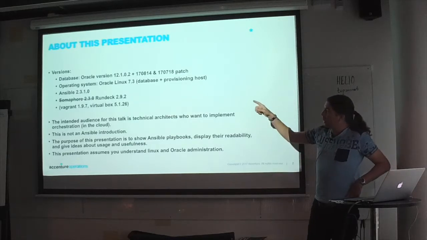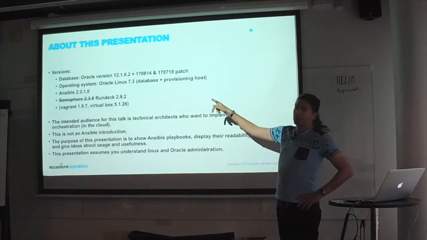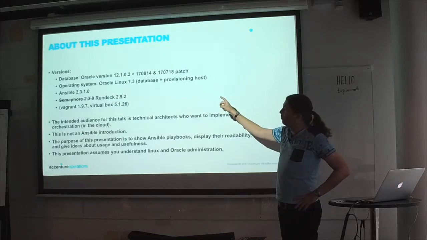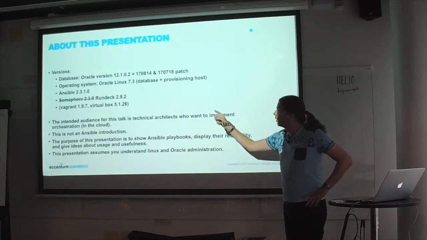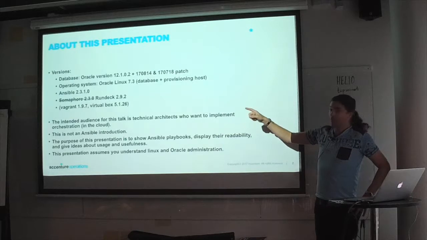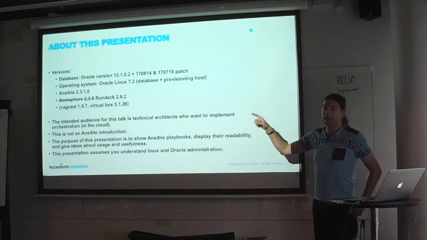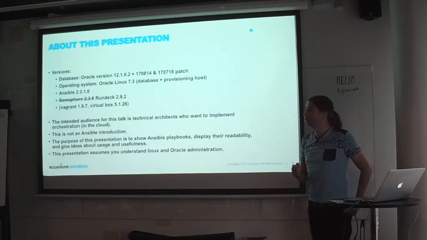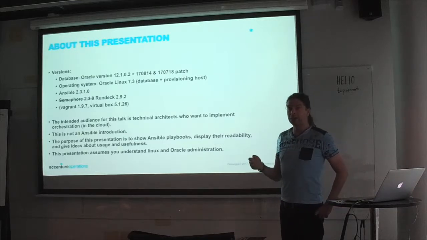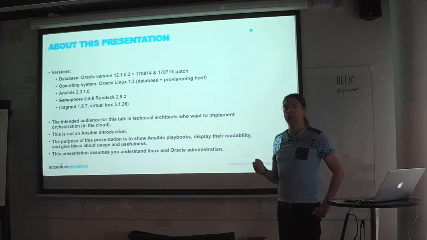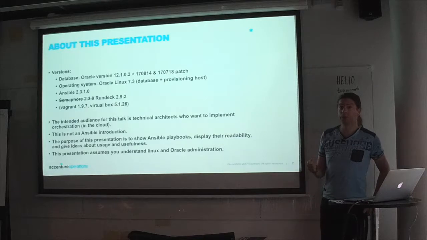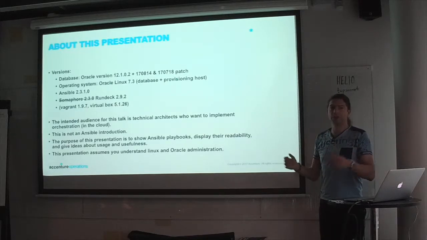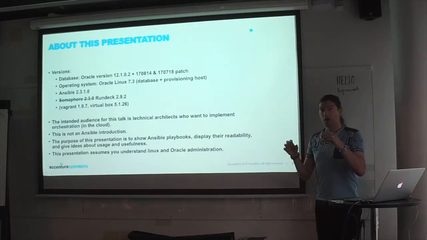What I will be talking about is installing the Oracle database version 12.1 and applying a patch to it on Oracle Linux. And for that I'm using Ansible, and Ansible is the primary automation tool. And what I actually will be doing mostly is show you how the Ansible playbooks, which is how you essentially program Ansible, work.